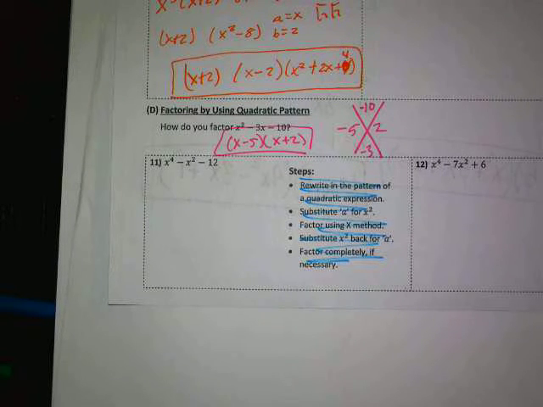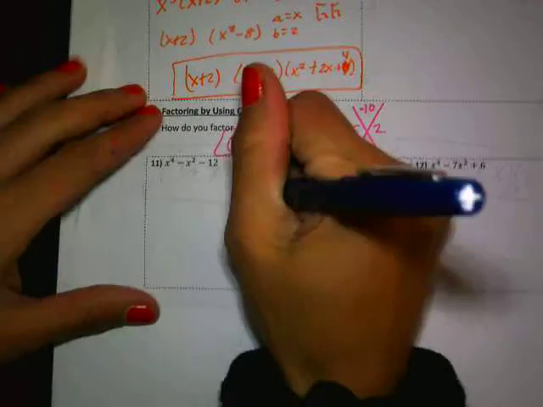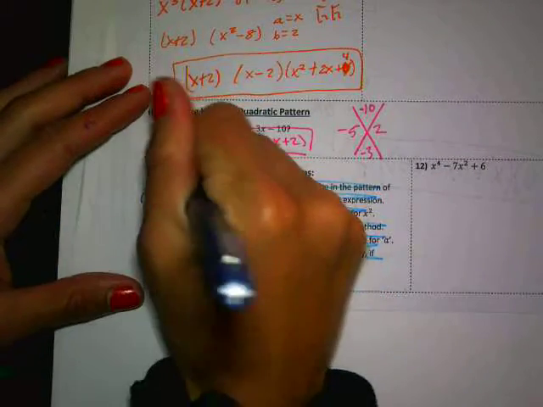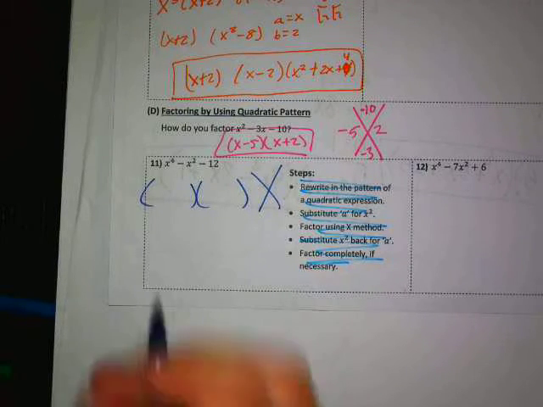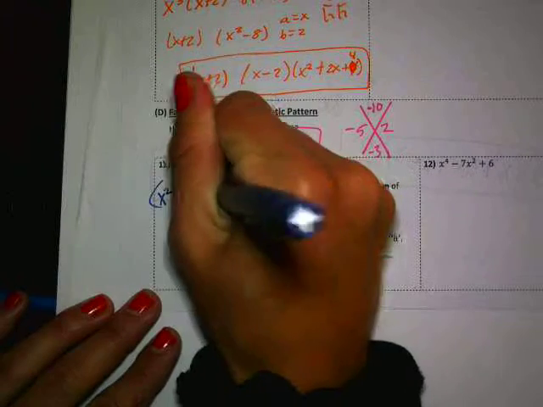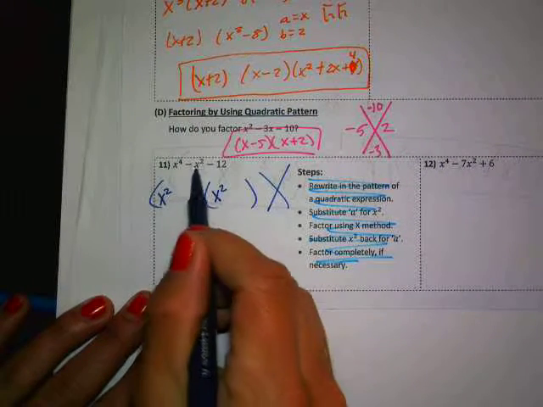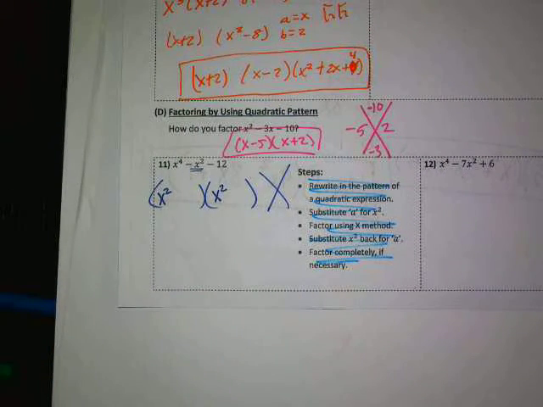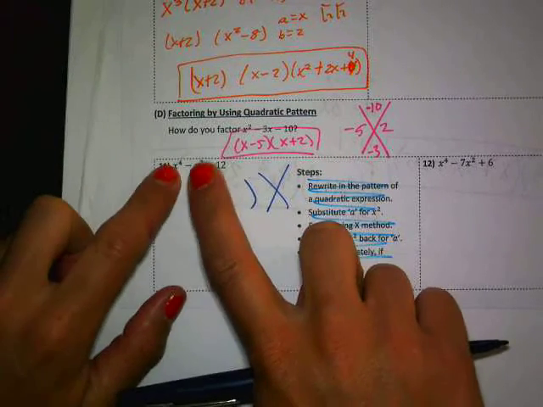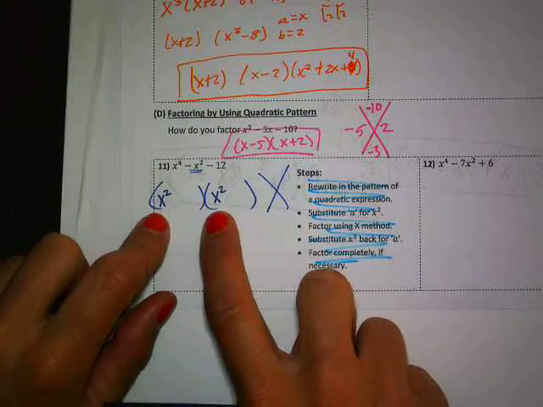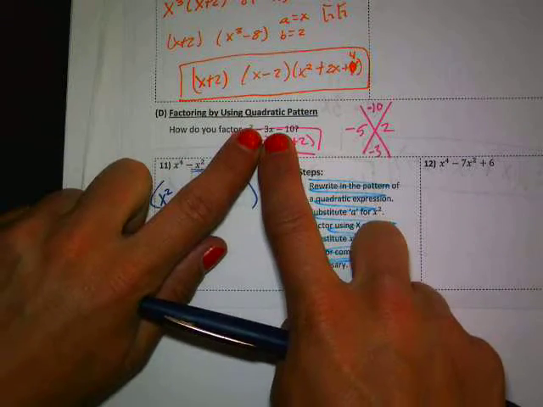For 11 and 12, we are still going to be doing the x method. The only difference is that instead of having a plain old x in these parentheses, we're going to have an x squared, because it should be matching that middle term. It's always going to be x squared here, but on the normal ones that we do, it's a plain old x.